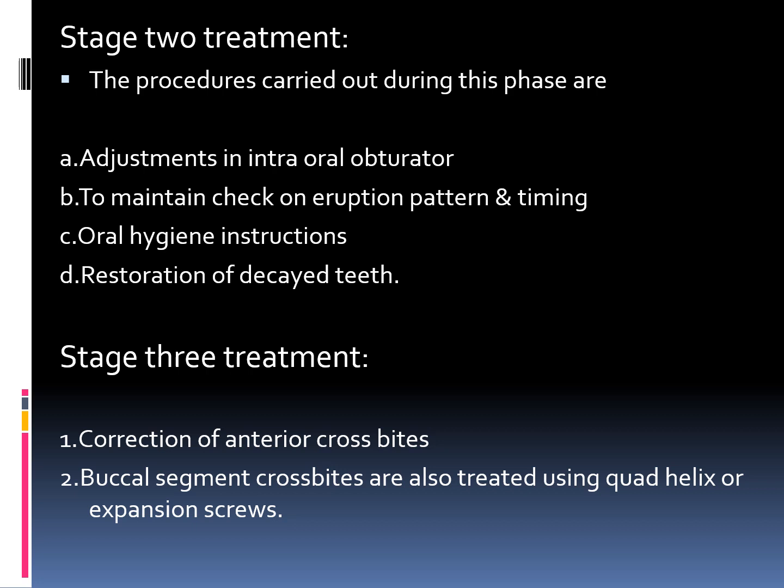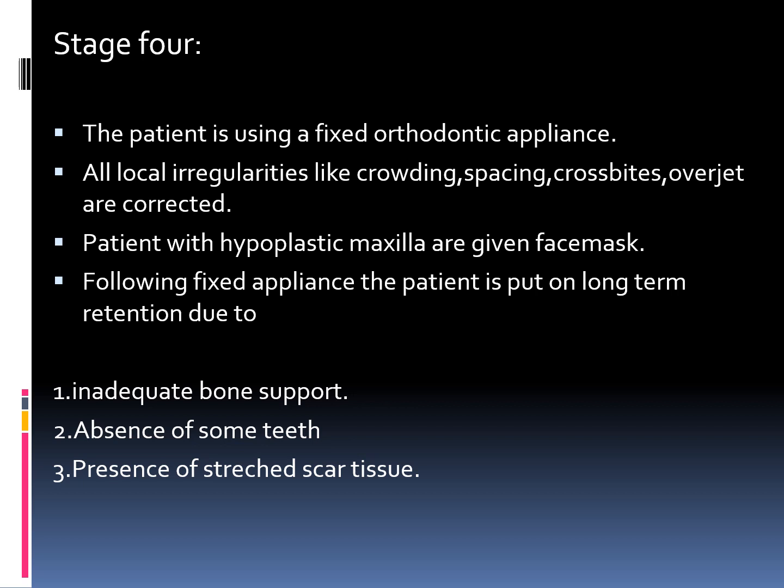Stage 3 treatment is correction of your anterior cross bites, buccal cross bites. Usually you give your expansion screws to allow the permanent teeth to erupt, to give the space, if you see an arch constriction over there.